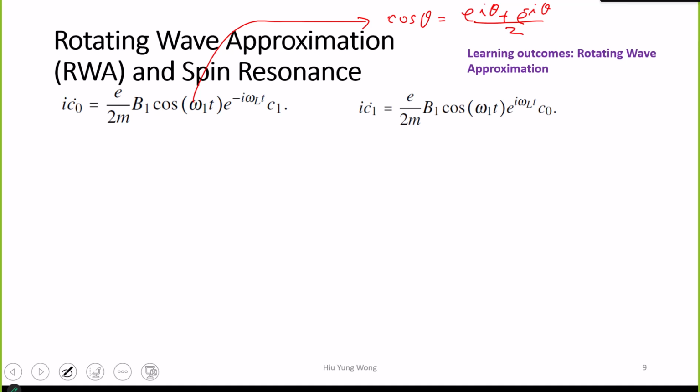So this one equals E divided by 2m, and then B1, and then e to the power i omega 1t plus e to the power negative i omega 1t, divided by 2, times negative i omega L t times C1.